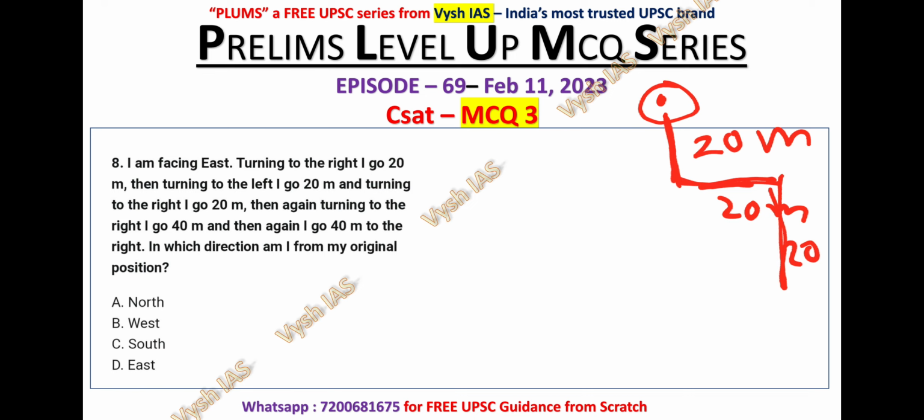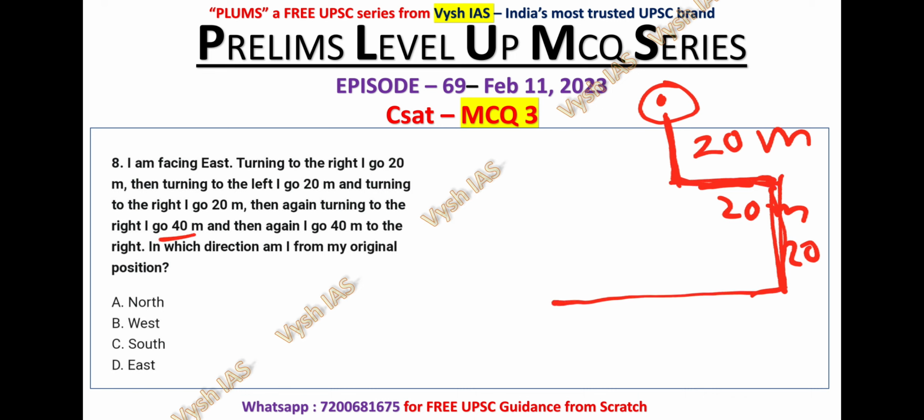Then again turning to the right, I go 40 meters. From here I am facing downwards, and from there I am turning to the right. If I am facing downwards, my right will be this side. Then again turning to the right, I am going for 40 meters.